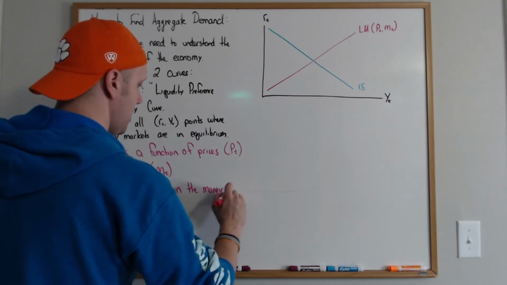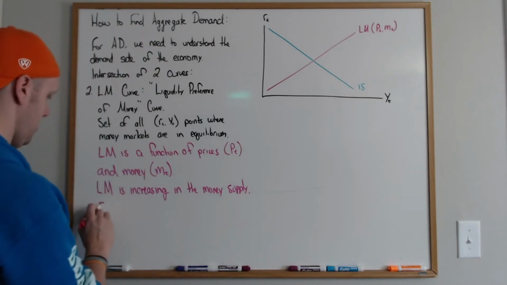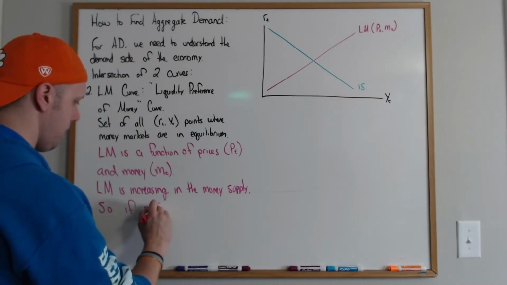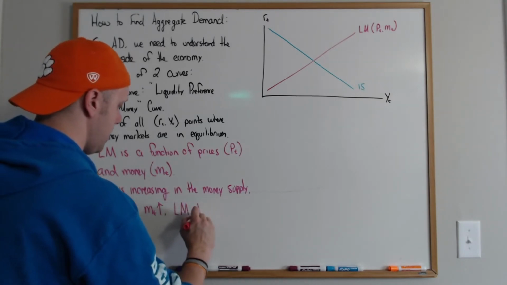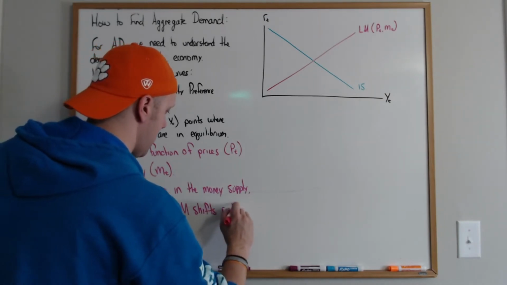Now it's increasing in money, right, or the money supply. Therefore, if the money supply were to increase, the LM curve shifts to the right.